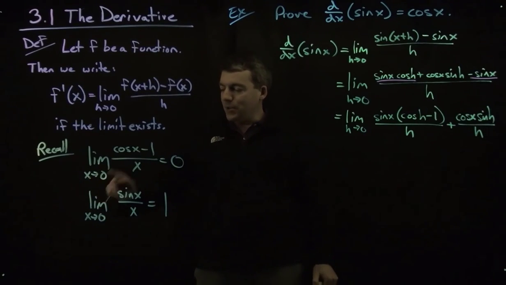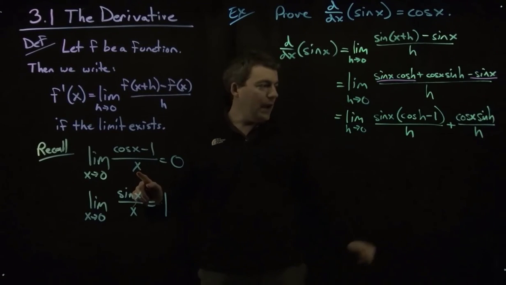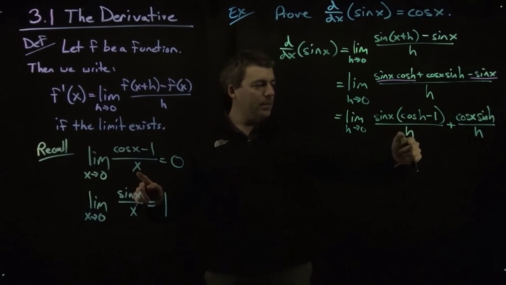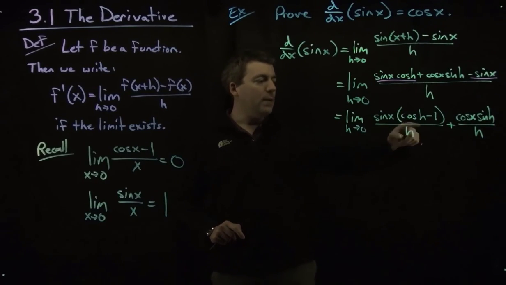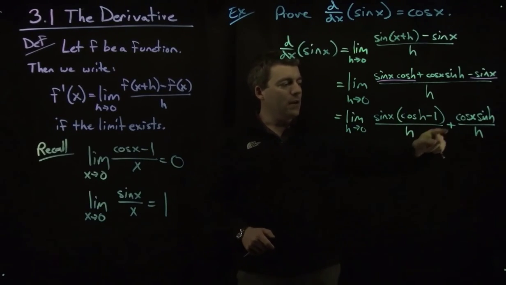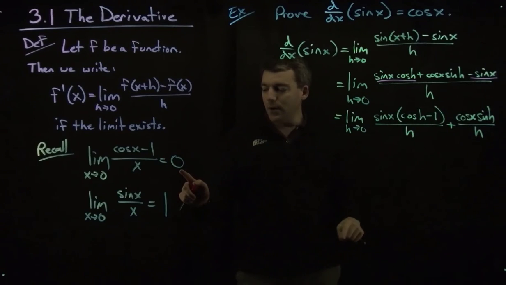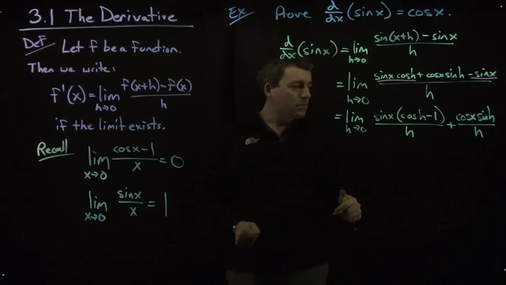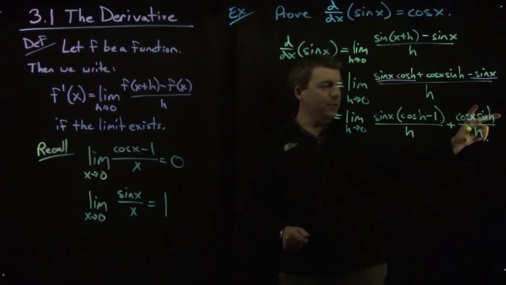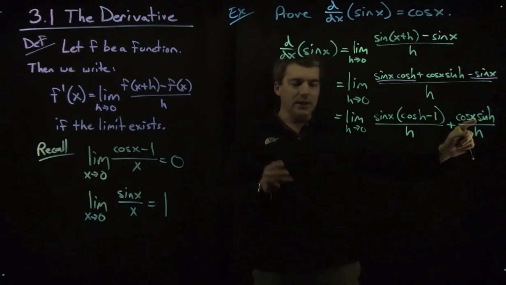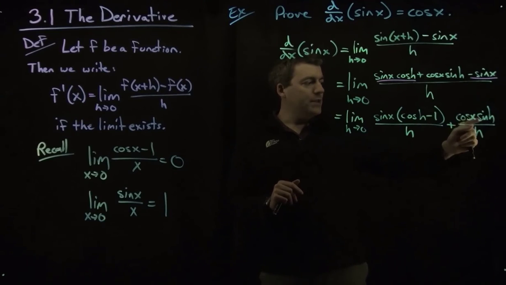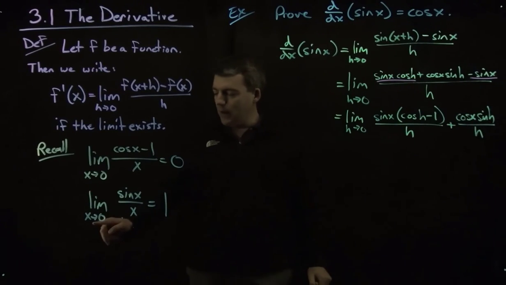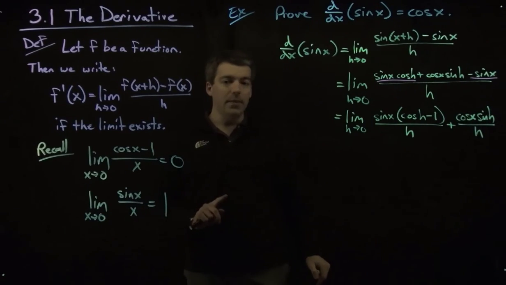We'll have the limit as h goes to 0 of cosine of h minus 1 over h. It's exactly this. Sine of x is a constant with respect to h, so we can apply the limit to this, and this part right here becomes 0. We can apply the limit to this term. Cosine of x is a constant with respect to h, so this is just a constant multiple. Sine of h over h, the limit as h goes to 0, this is 1.